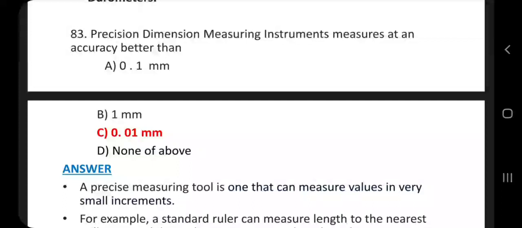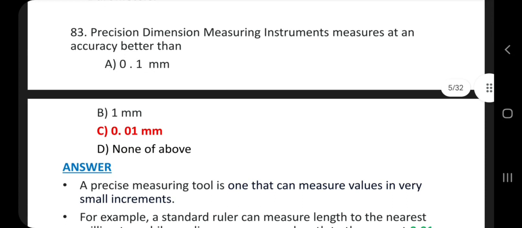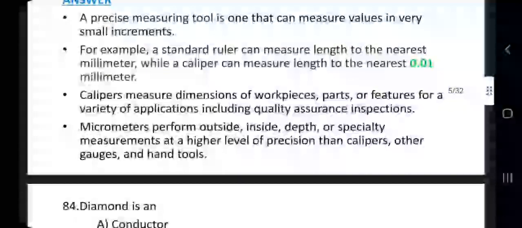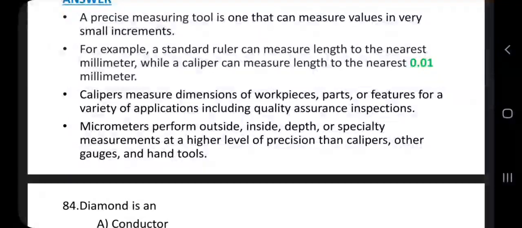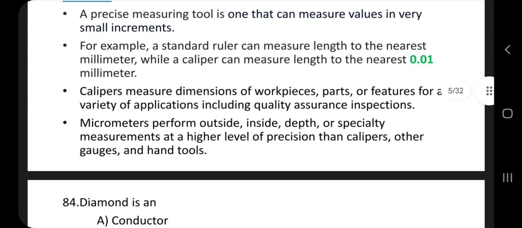Question number 83. Precision dimension measuring instruments measures at an accuracy better than. Answer is option C, 0.01 millimeter. A precise measuring tool is one that can measure values in very small increments. For example, a standard ruler can measure length to the nearest millimeter, while a caliper can measure length to the nearest 0.01 millimeter.